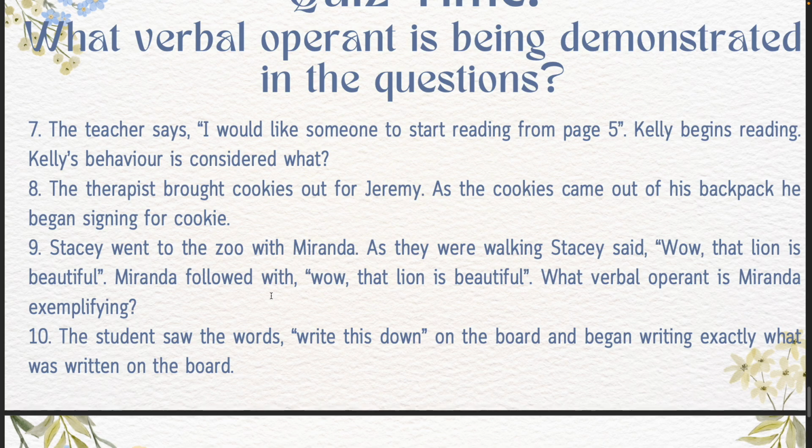And if you can, provide an explanation as to why you chose the verbal operant that you did. That would be fantastic, especially for people who are just starting out with verbal operants. They can be very challenging, so anything can help, right? So your explanations can be really appreciated from others who are looking at our channel as well.